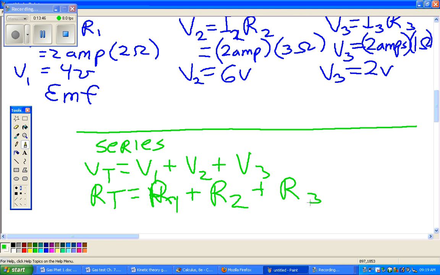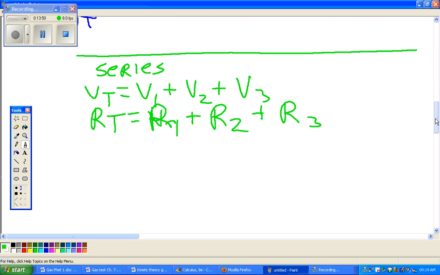You can find the resistances by adding them up. The current's got to be the same.